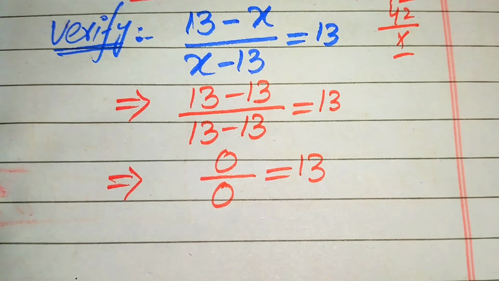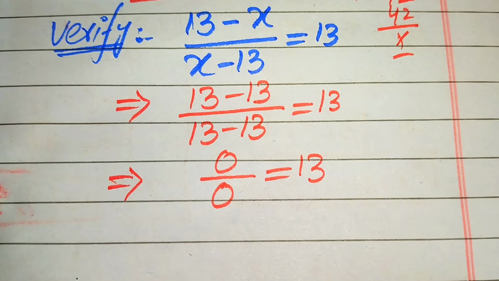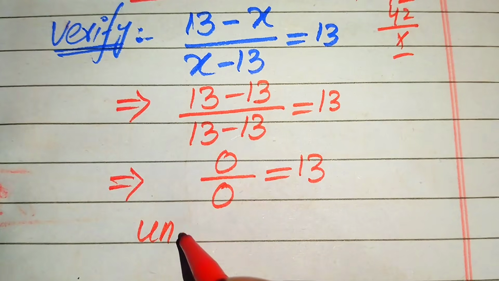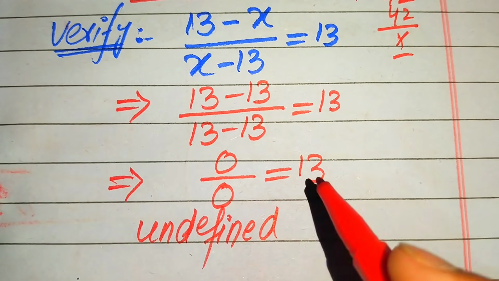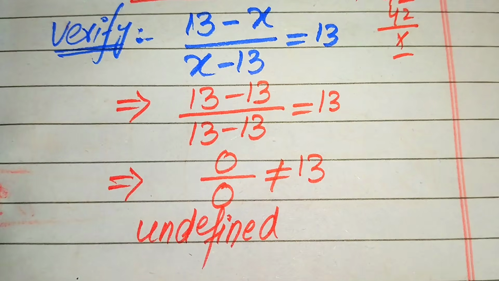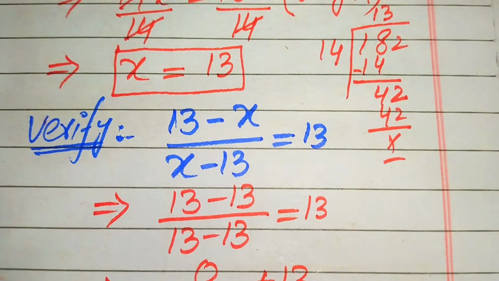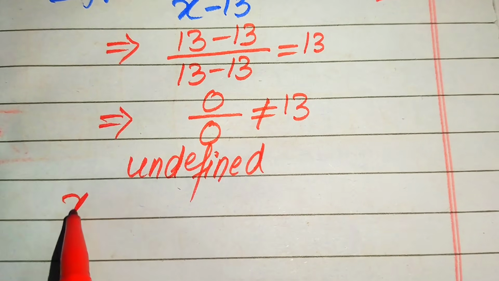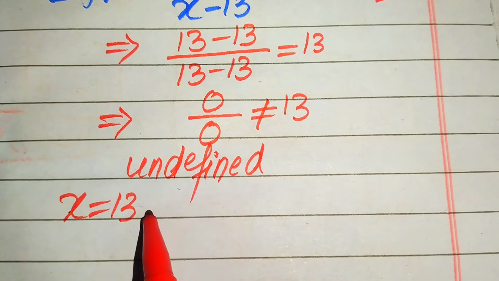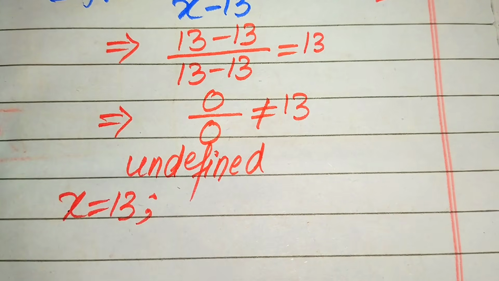So you see that on the left-hand side we have the 0 over 0 form, and it is usually called the indeterminate form, or in other words, the undefined form. So if our left-hand side is undefined, this means that both sides are not equal, and this concludes that the value x is equal to 13 does not satisfy our given question statement.